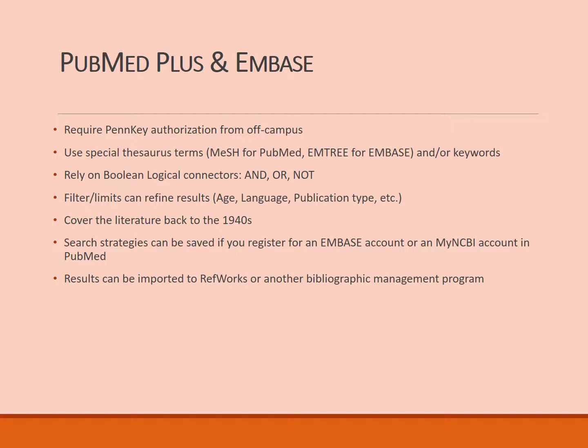Both databases depend on the Boolean operators AND, OR, and NOT to construct search strategies. They also have filters that allow you to refine your topics by age, date, language, publication type, etc. You can register with each database to save a search strategy for use in the future.